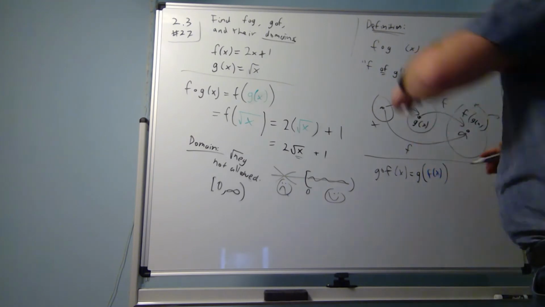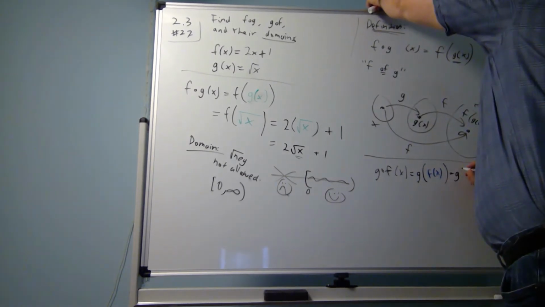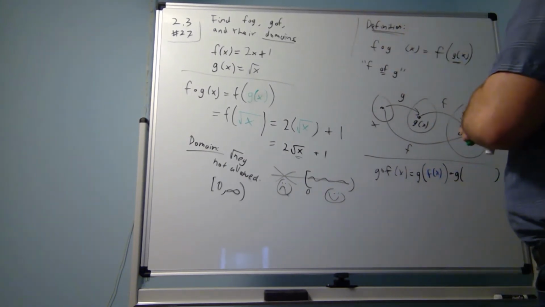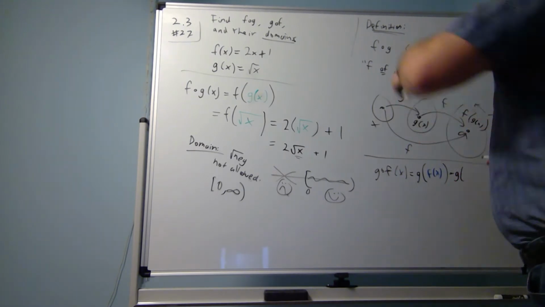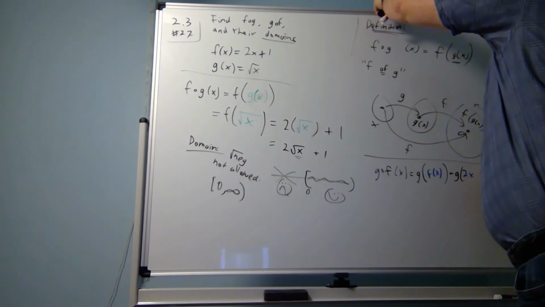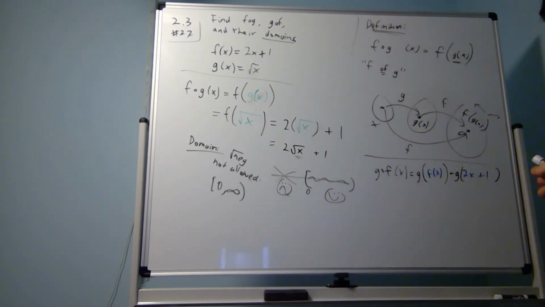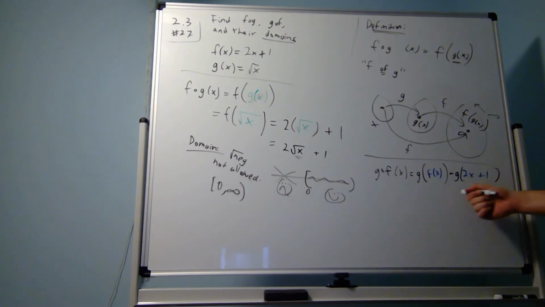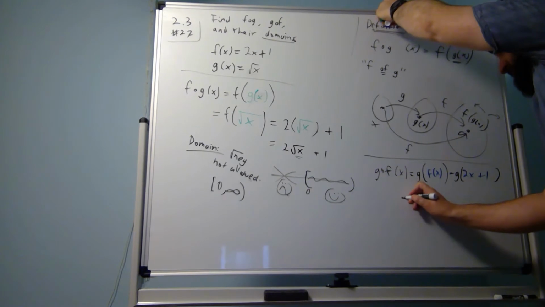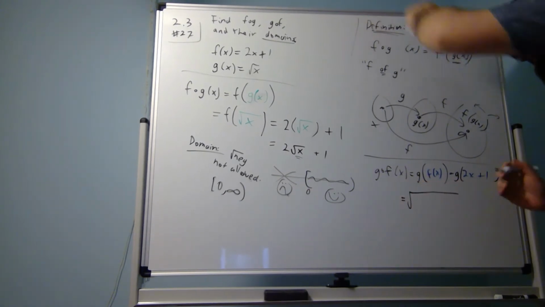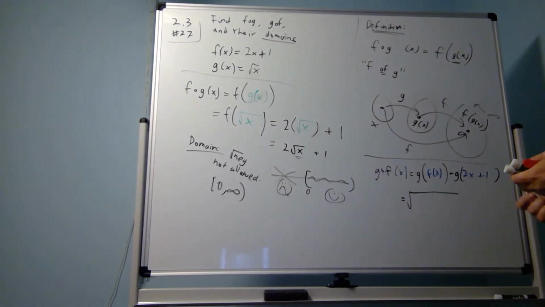We're running out of space. I think I can fit it. I can save one line if I do it this way. So f of x is 2x plus 1. Well, g is a function that, what does it do? G is the function that takes the square root of the input.